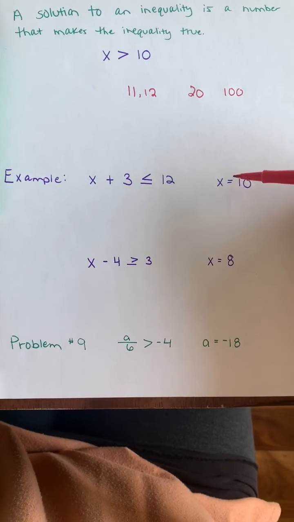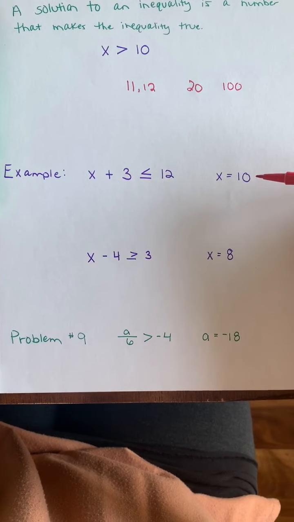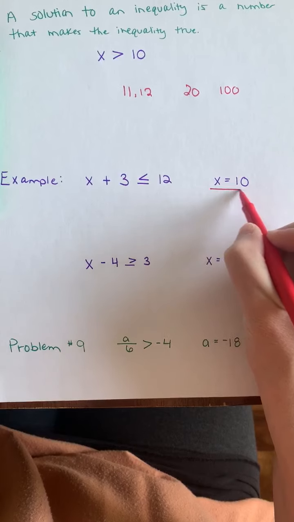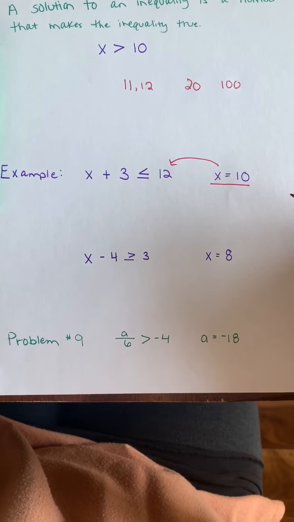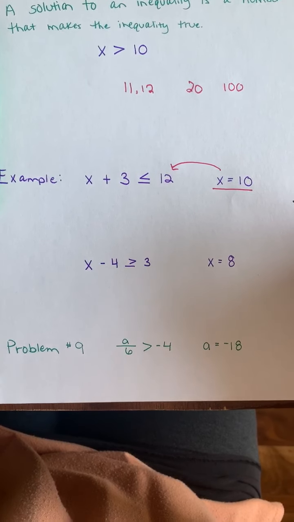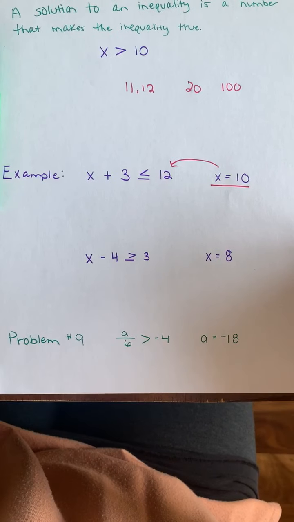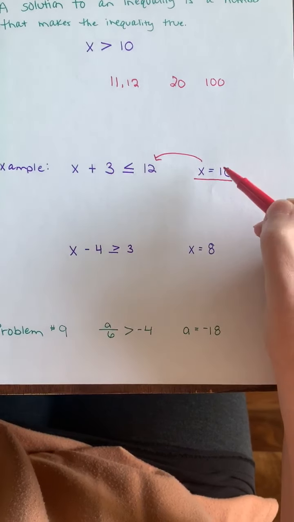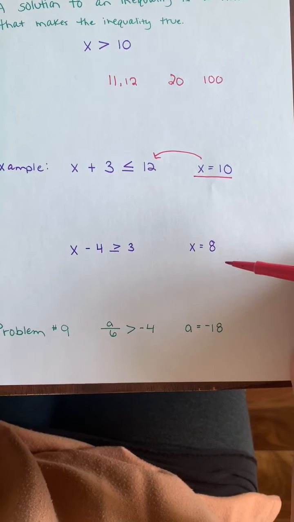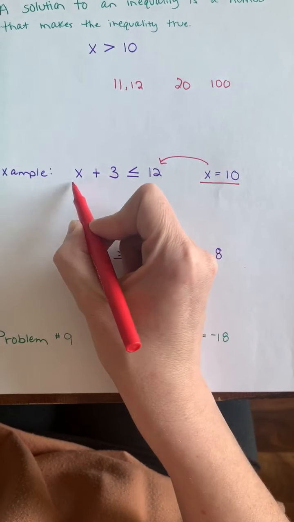For an example, if they are asking you, could this right here be a solution for this inequality? If our inequality is x plus 3 is less than or equal to 12, and they're asking, could 10 be a solution? What we're going to do is take this possible solution and plug it into our inequality where the variable is.